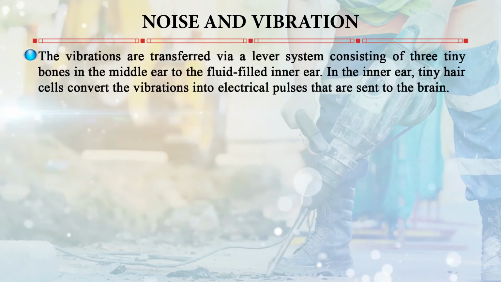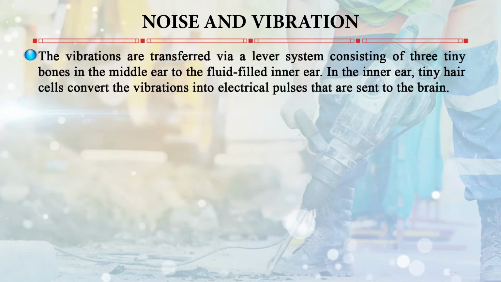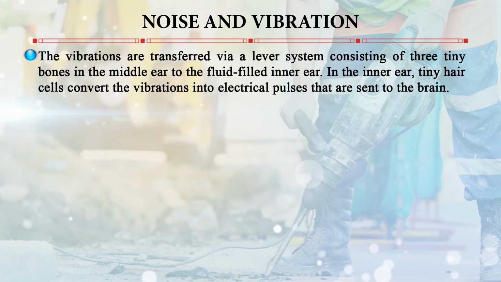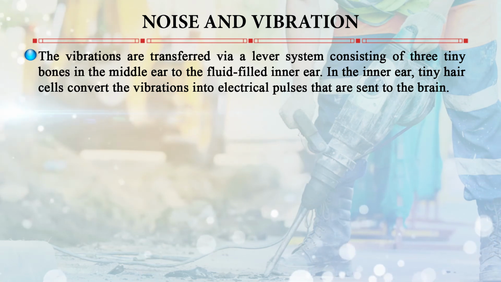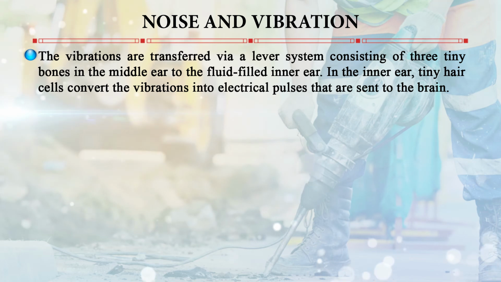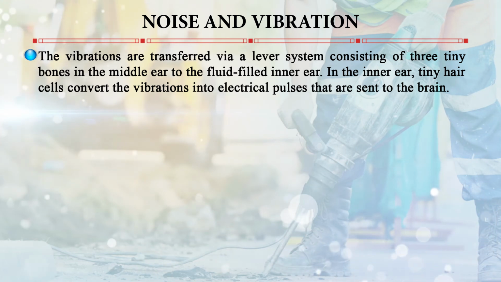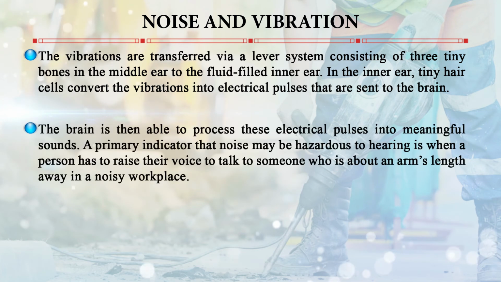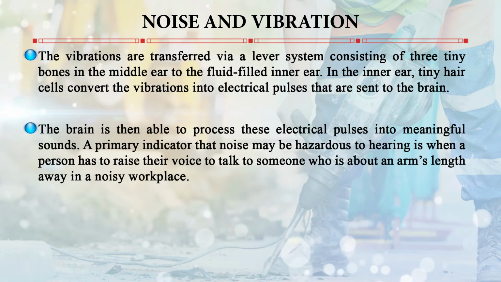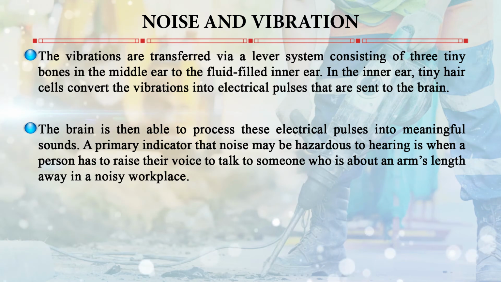The vibrations are transferred through a lever system consisting of 3 tiny bones in the middle ear to the fluid-filled inner ear. In the inner ear, tiny hair cells convert the vibrations into electrical pulses that are sent to the brain. The brain is then able to process these electrical pulses into meaningful sounds. So this is the entire mechanism.